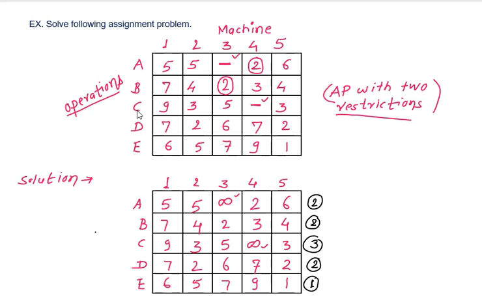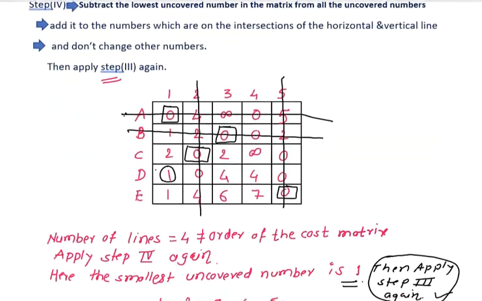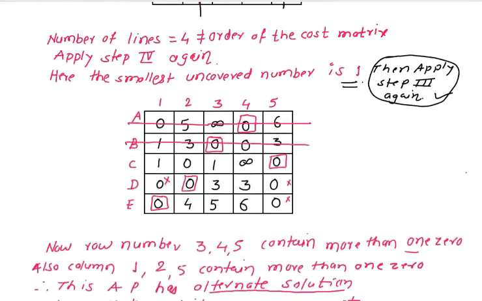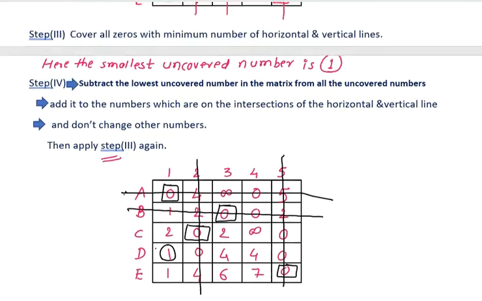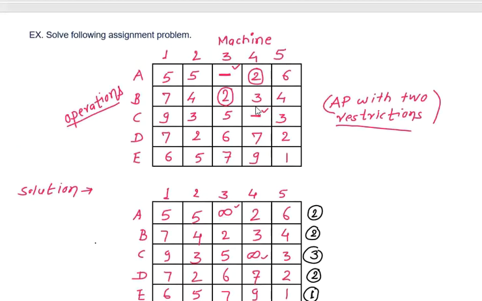Now let us find the cost of assigning operation C to which machine? Let us see in the solution. Operation C is assigned to machine 5. So what is the assignment cost? C is assigned to machine 5. The assignment cost is 3.